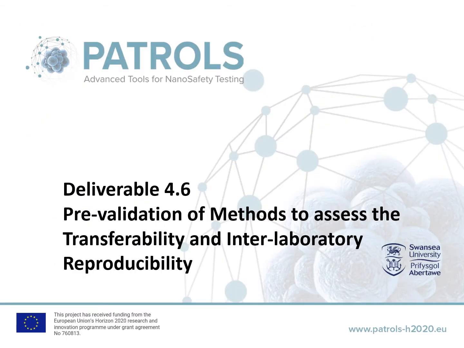For this presentation, we're going to focus on one deliverable in particular, and that's deliverable 4.6, which has looked at the ability to transfer the different SOPs between the different laboratories within the work package.